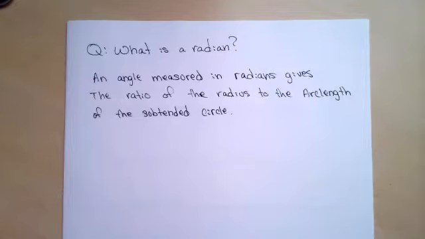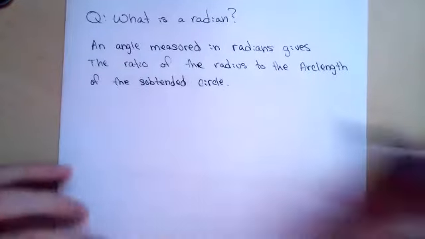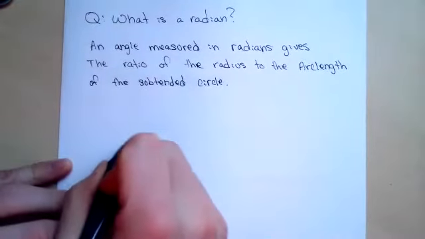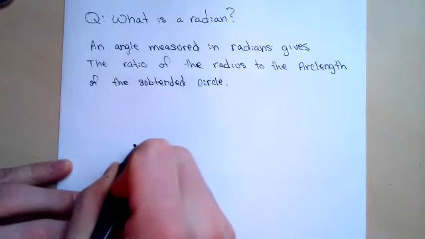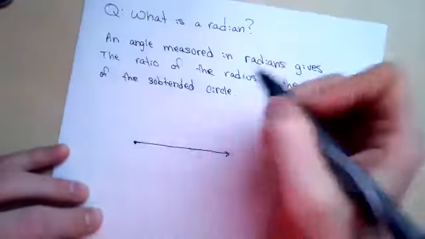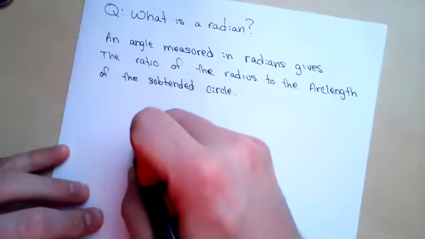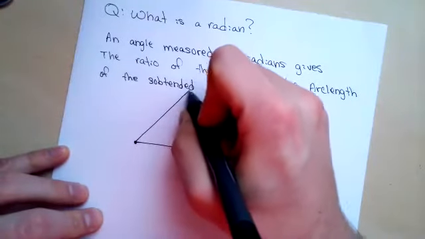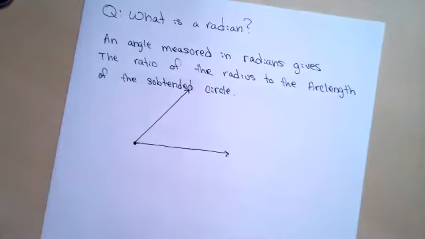So what do I mean by that? I mean that, so if we were to draw an angle, now we consider the angle as formed by 2 rays, so we think of these rays as extending off to infinity.